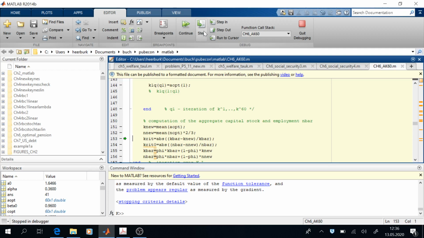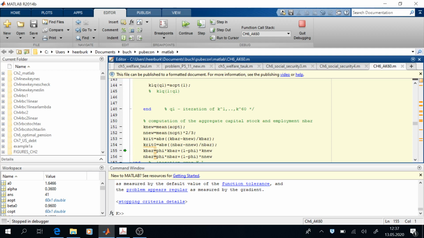And we compute the percentage deviations and continue to update our vectors k bar and n bar as long as these two criteria are above 0.001. So the percentage deviation, as soon as it's below 1 promille, we will stop.